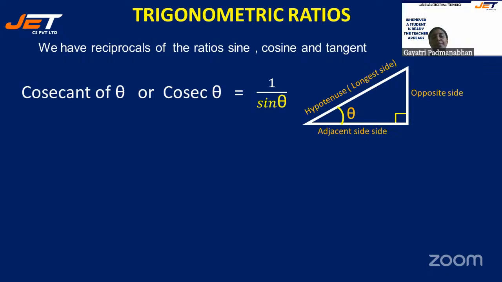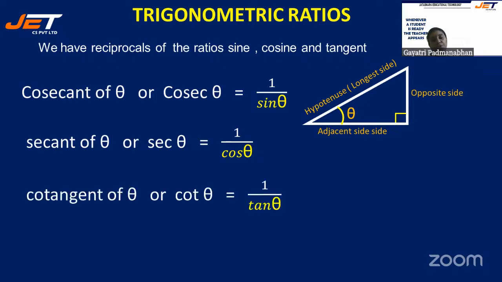That is 1 by sine theta, which is cosecant theta. Usually we write cosec theta, which is 1 by sine theta. Next, 1 by cos theta is secant theta. Next, 1 by tan theta is cot theta.